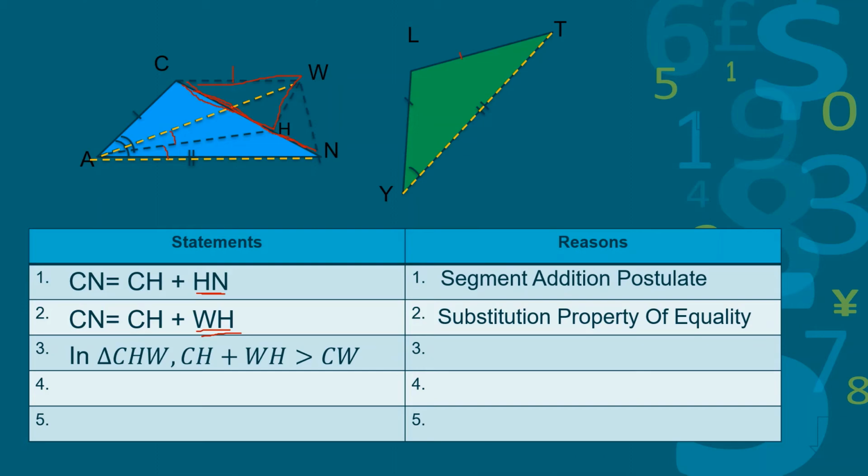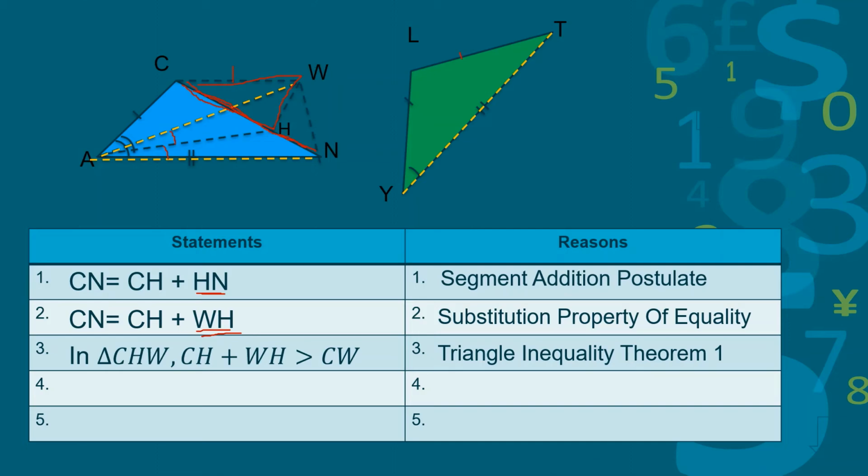In triangle CHW, makikita natin na CH plus WH is greater than CW, wherein CH and WH are the two sides of triangle CHW, which is greater than the third side CW. And the reason is by triangle inequality theorem number 1.